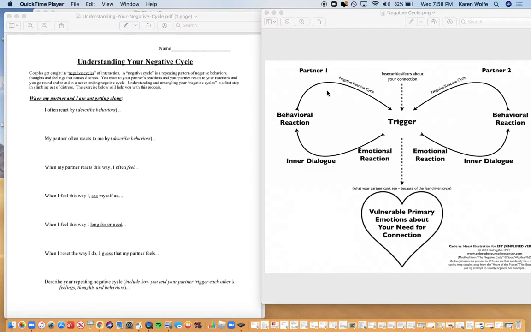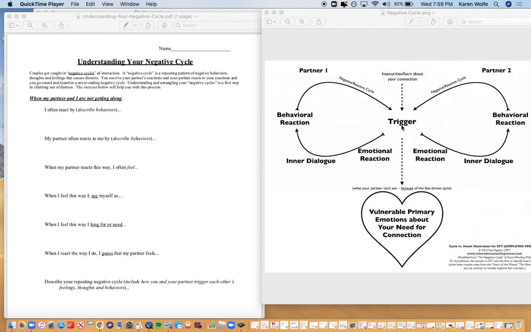That gets filtered through your insecurities and fears about your connection. You're not aware of those right away. That's not what you're aware of right away, but that is what's happening. You see the look on their face or the tone in their voice, and that gets filtered through your perception, through your insecurities and fears about your connection.